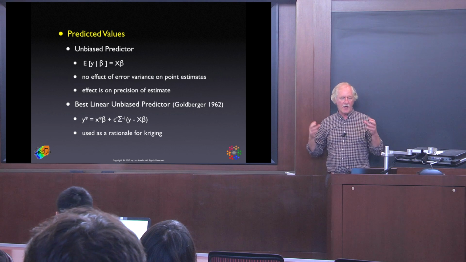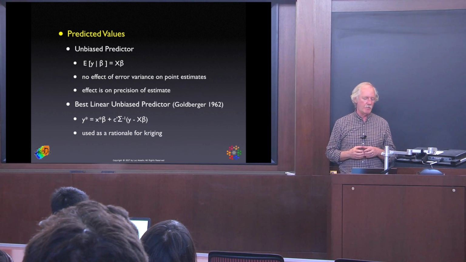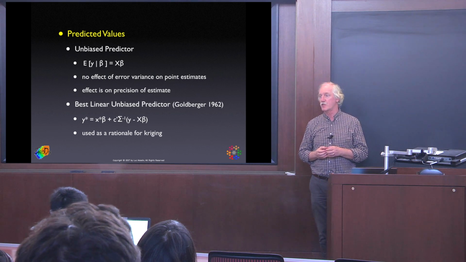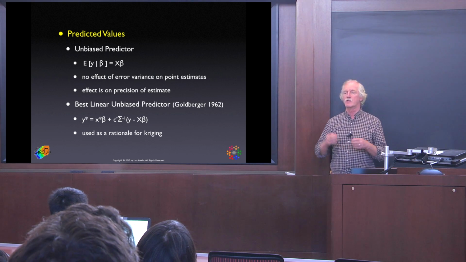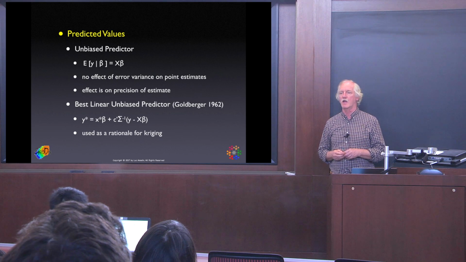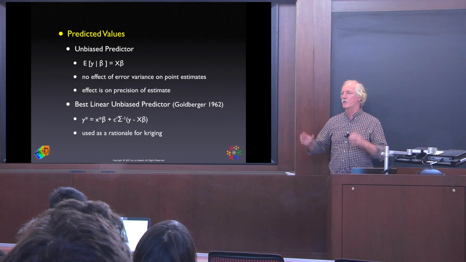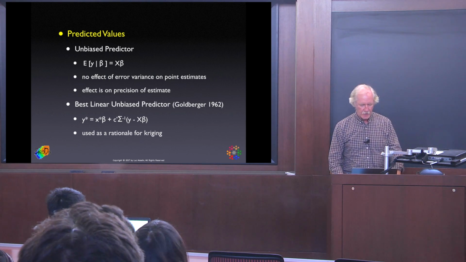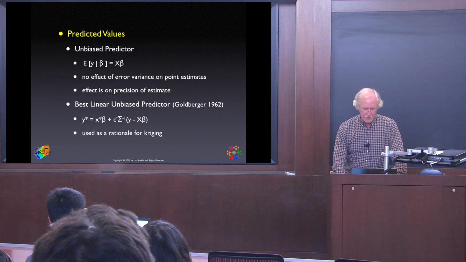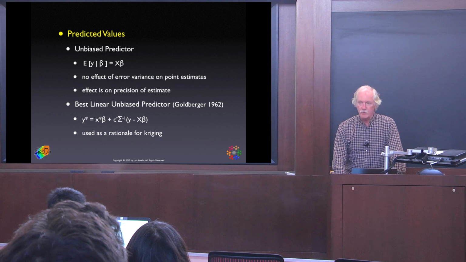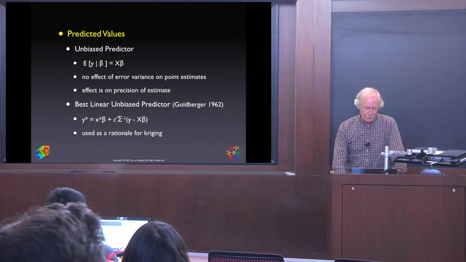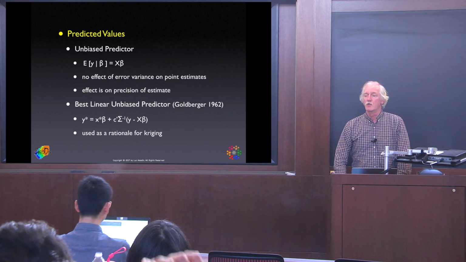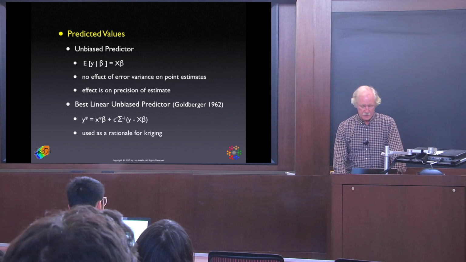And this idea of the best linear unbiased predictor underlies the notion of kriging, the rationale for kriging, which is the spatial prediction I mentioned the other day when I talked about the conditional perspective. So you might see this in the literature every once in a while. It's a very general kind of finding that applies not just to the spatial case, but to any case, to the time series case, and so on.